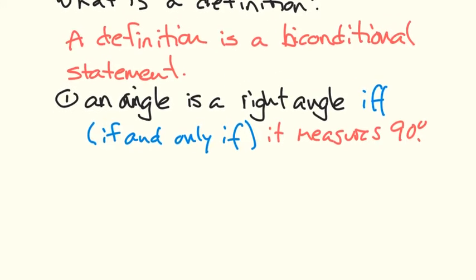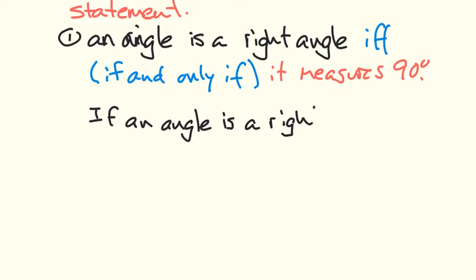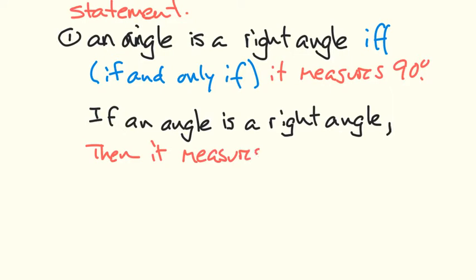So let's take a look at that. First, we have: if an angle is a right angle, then it measures 90 degrees.